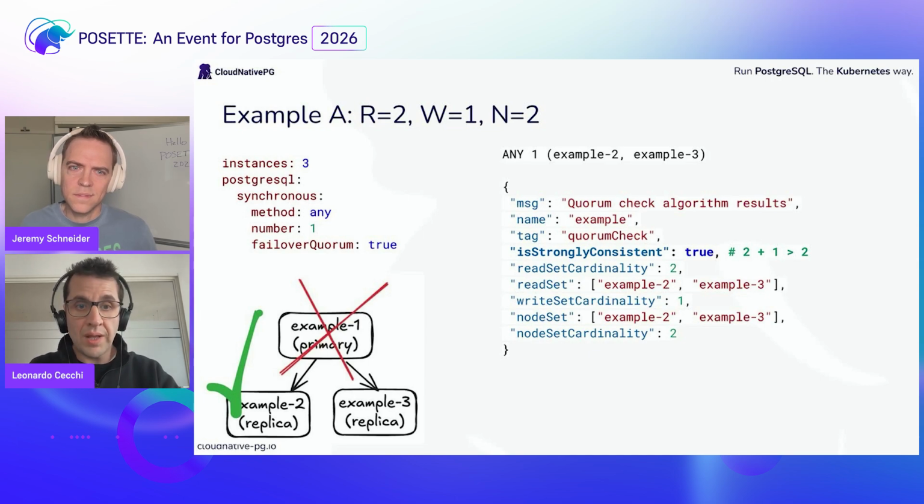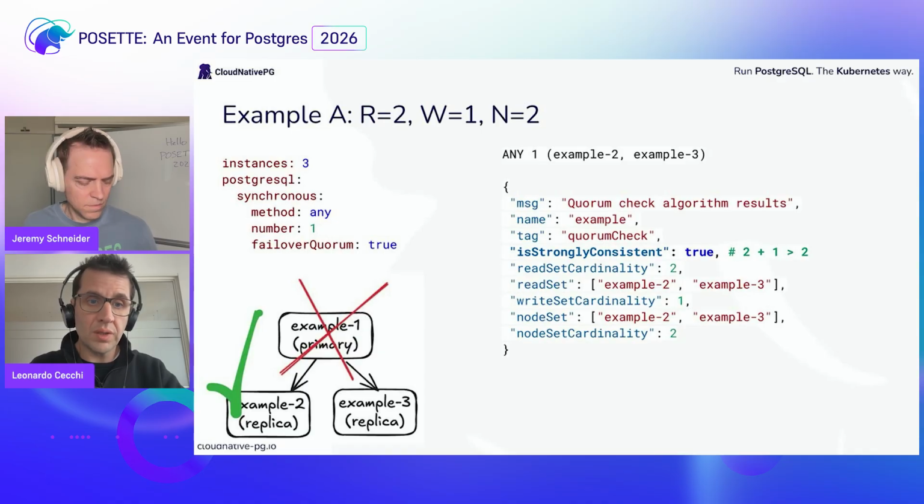We choose to have number 1 synchronous replica, just one, and we activated failoverquorum. And what happens now if the primary goes down? So we are sure that one of example-2 and example-3 received all the transactions. So we meet the condition. It's safe to failover to the most advanced replica.